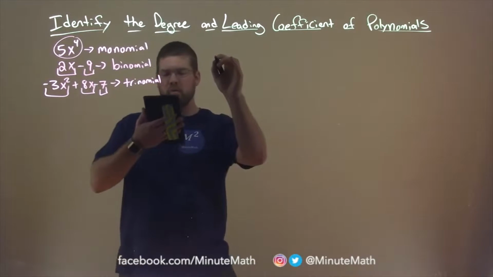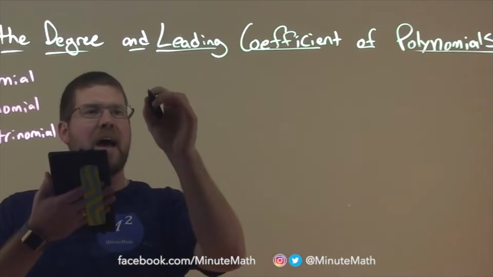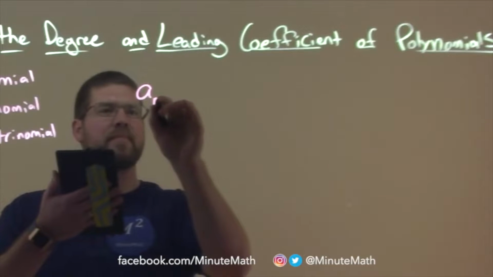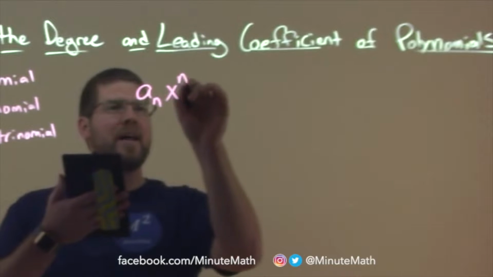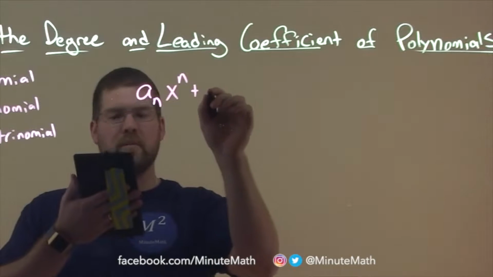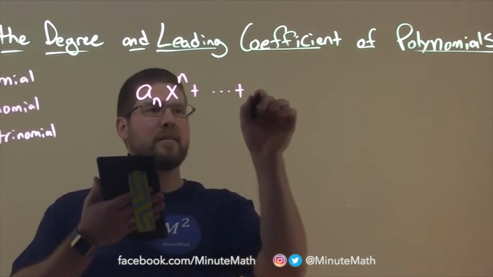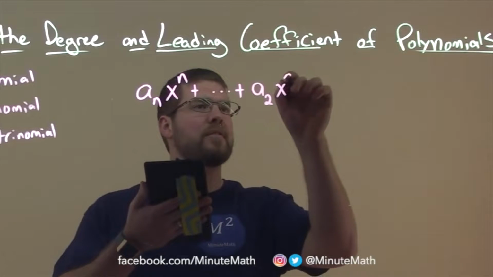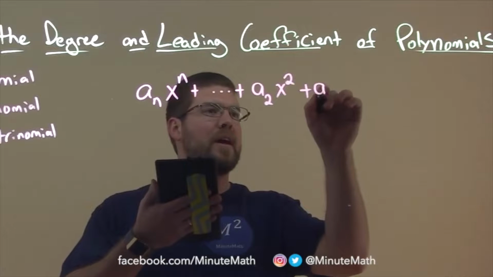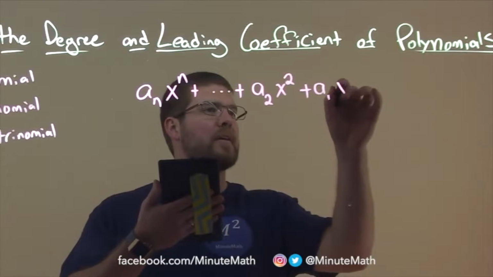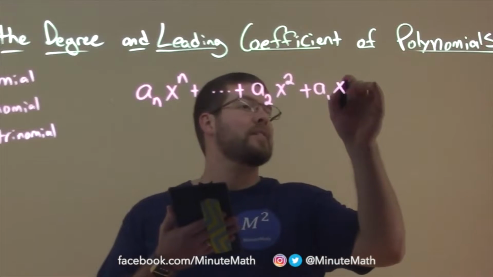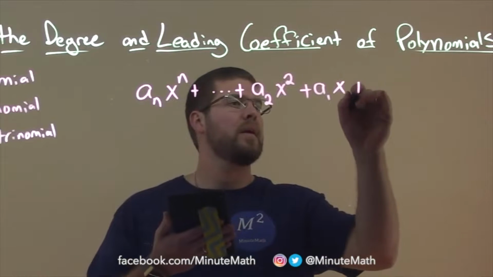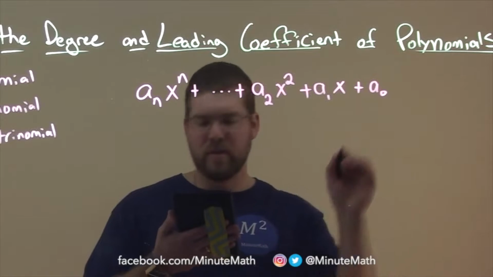If we have a sub n x to the nth power plus dot dot dot plus a sub 2 x squared plus a sub 1 x, and it's going to be to the first power, but x to the first power we don't write, and then a sub 0.